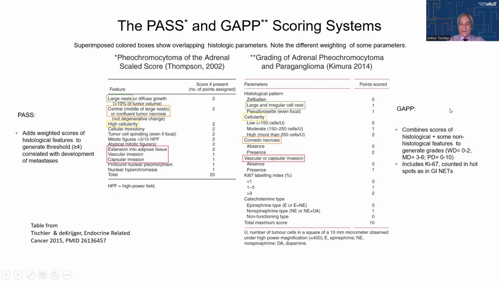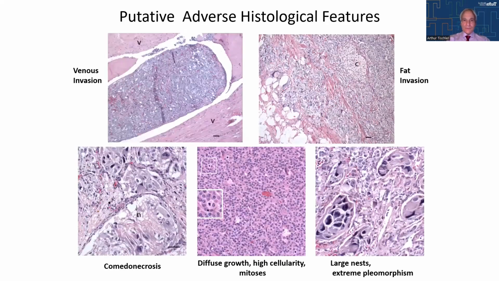In addition, Ki67 and biochemical phenotype were added to the GAP system and were not present in the PASS system. However, the ways that these overlapping parameters are scored in the two systems are different. The total numerical scores are different, and a variety of attempts have been made to modify or fuse these two systems, but there is no obligation to use them.